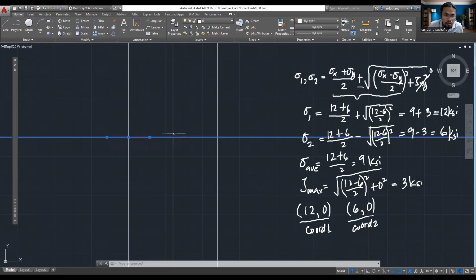So this is 6 and 0, and then your 12. So we actually have a circle with these points. Circle 2P, this one.